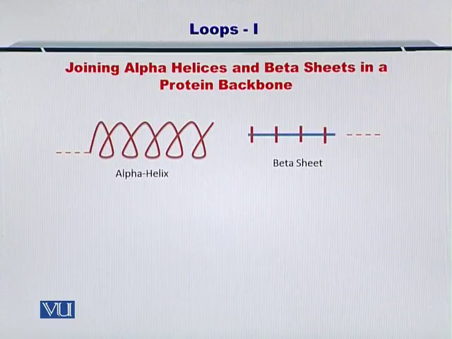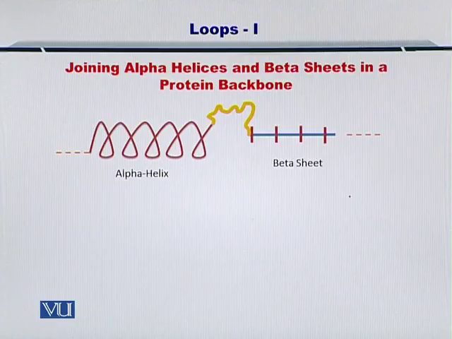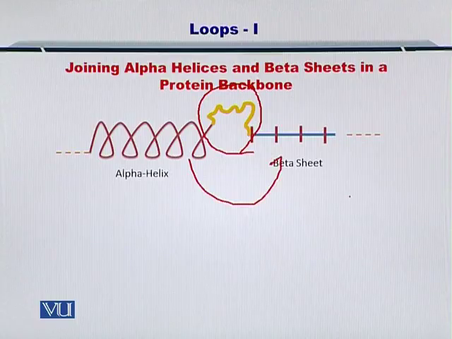Let's see. So if you have an alpha helix along the backbone of the protein and a beta sheet as shown here, then a loop can essentially be formed like that and connect these two. Therefore, you can have a loop connecting an alpha helix and a beta sheet.